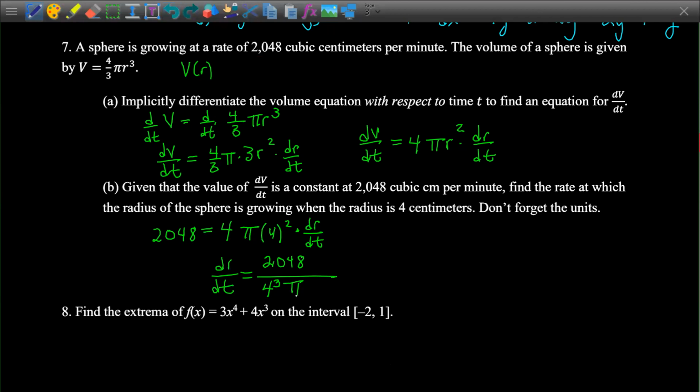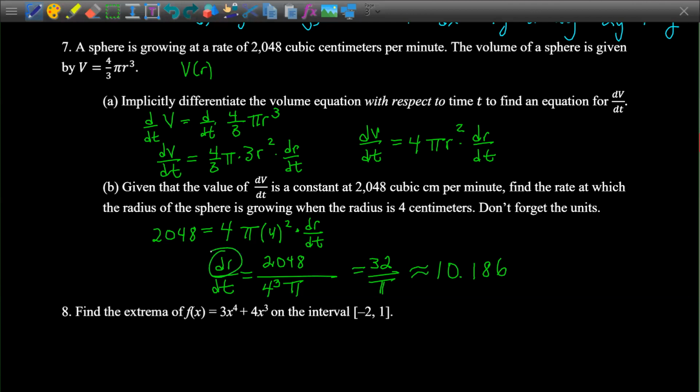pi. And let's see, so that is going to be 32 over pi, or approximately 10.186.